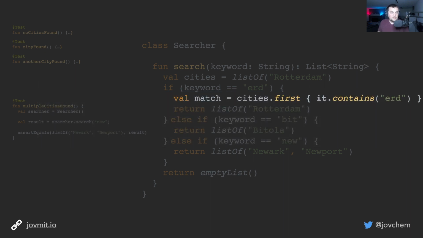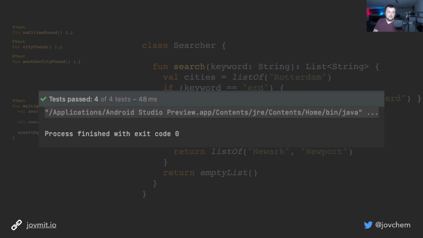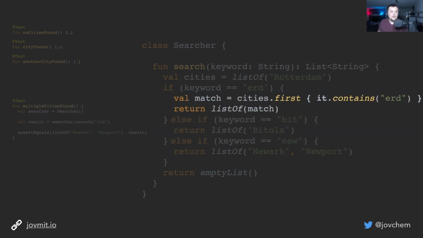And here is the match. So I can now replace the Rotterdam, the hard-coded value, with the match that I found from the collection. And of course, run the test, make sure I didn't break anything. So as you see, I take as small steps as possible and run the tests in between. Now, if we take a look, we replaced one of the hard-coded things with an abstraction, and we have one to go, which is the ERD.